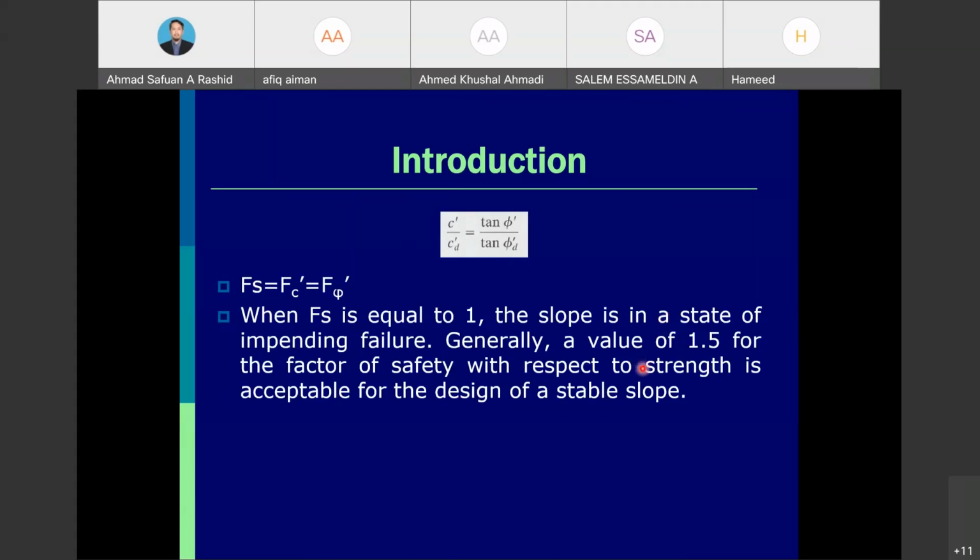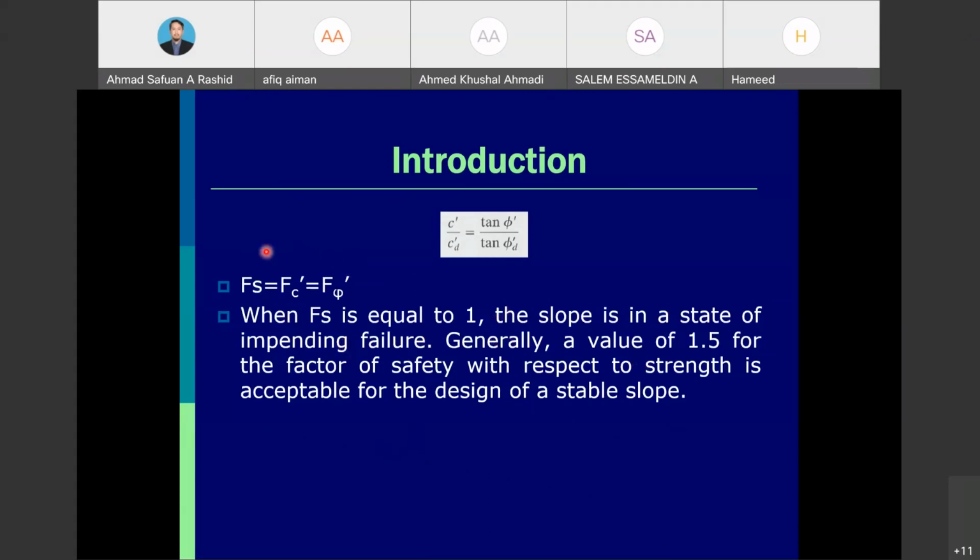Once it is near a failure condition, it is better to use 1.5 for the factor of safety with respect to the strength.